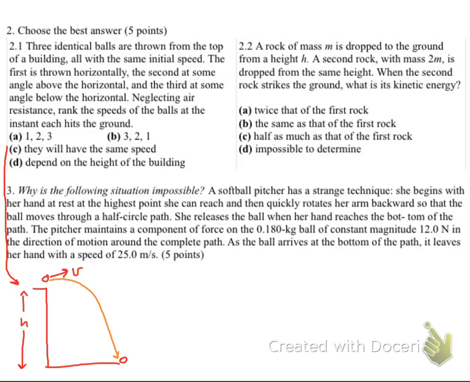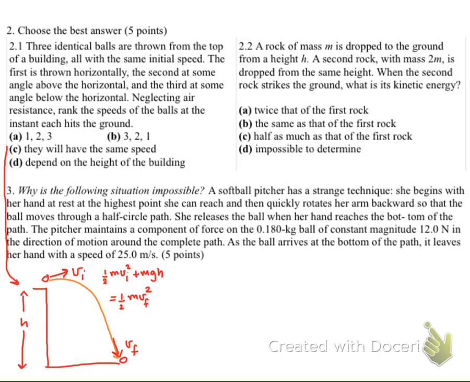If this is the initial speed and the final speed of the ball is Vf, from the conservation of energy we have 1/2 m vi square plus mgh equal to 1/2 m vf square.